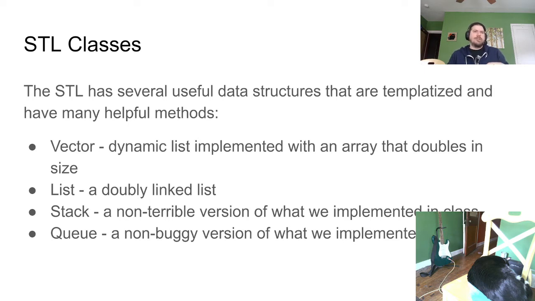For instance, the vector in there is a dynamic list that's resized. It's just a resizing array underneath. The list class is a doubly linked list class. And the stack is basically just a more feature-rich, non-terrible version of what we implemented last class.